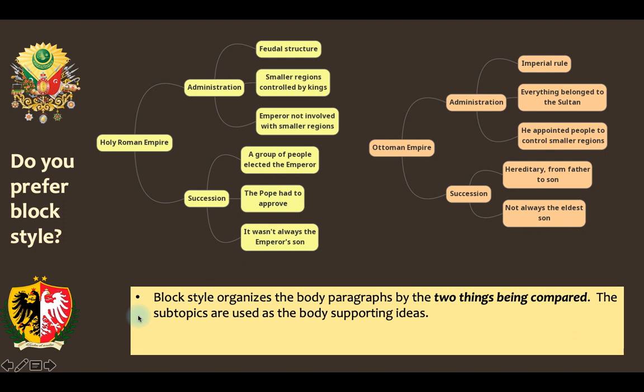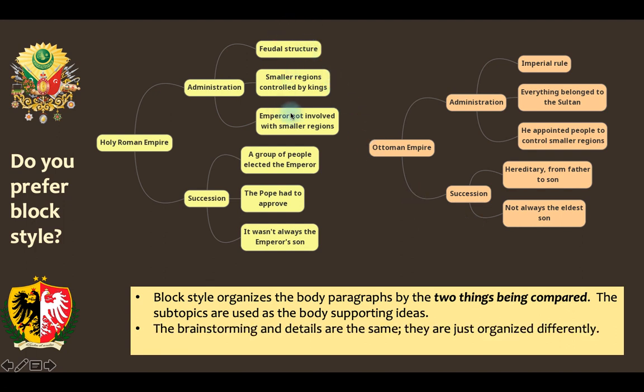Block style organizes the body paragraphs by the two things being compared or contrasted. In this case, they're being contrasted. And the subtopics are used as the body supporting ideas. So these are our subtopics from our thesis statement, and they're the supporting ideas in the body paragraphs.